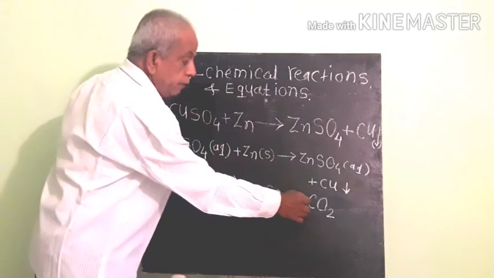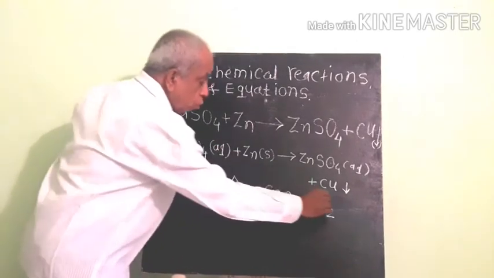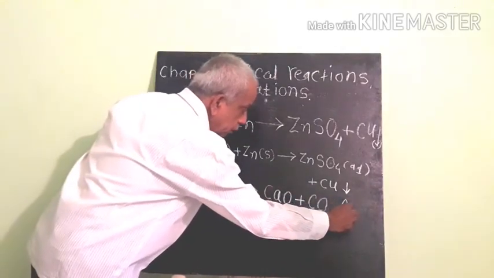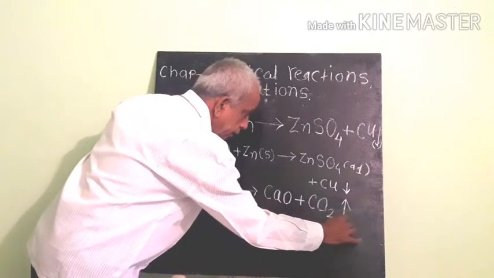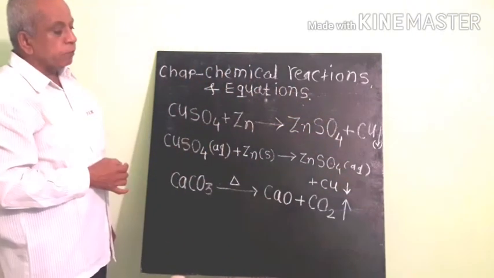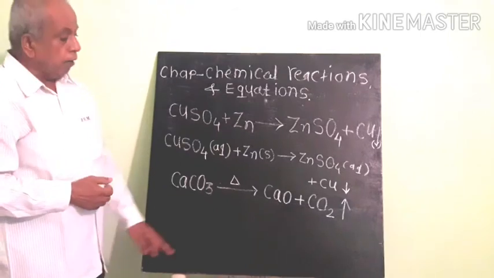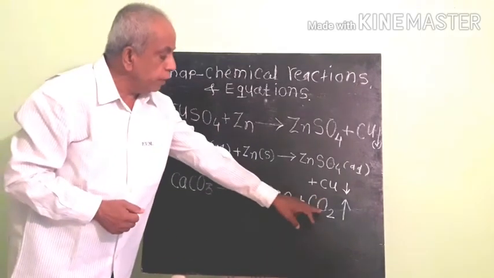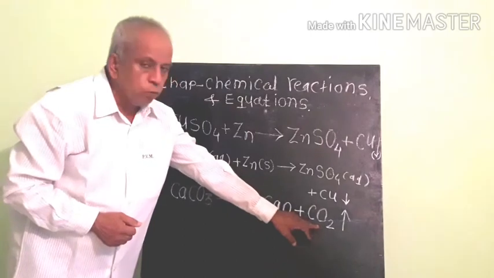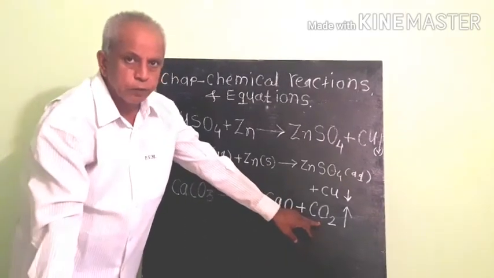Carbon dioxide is in gaseous state. So to show this, write here an upward arrow. The upward arrow indicates that CO2 is in gaseous state.